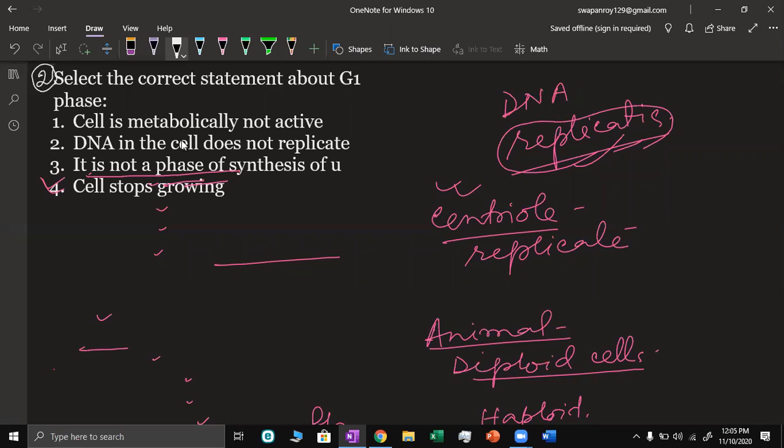Now question number two: select the correct statement about the G1 phase.